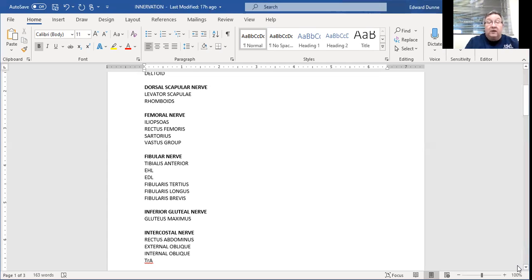Compared with the sartorius, which is that long strap-like muscle that has its origin at the ASIS, and its insertion is on the pes anserine. Remember, there are three muscles that attach onto the pes anserine: the sartorius, the gracilis, and the semitendinosus.